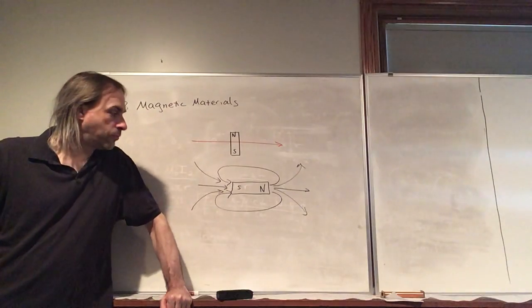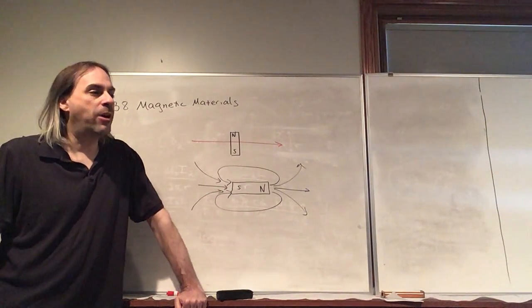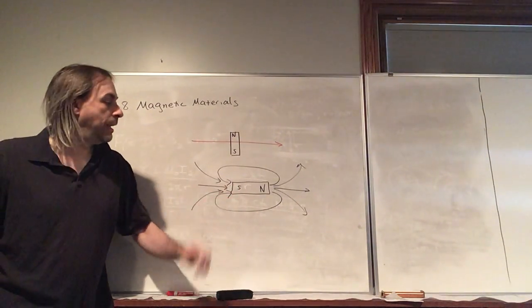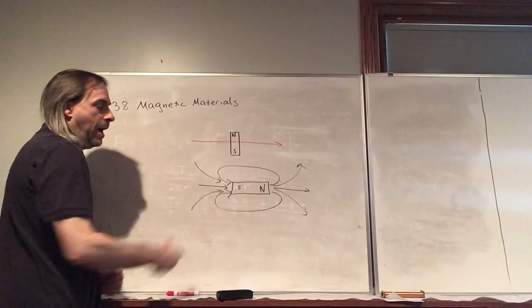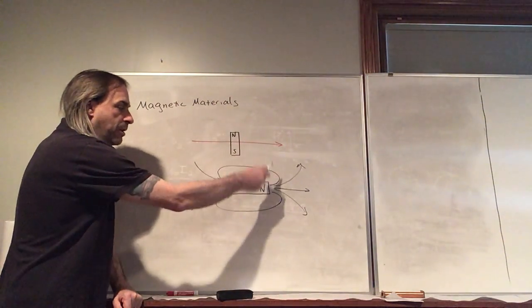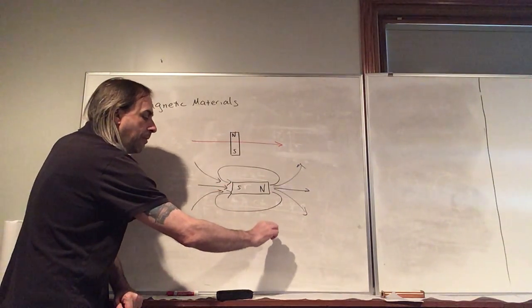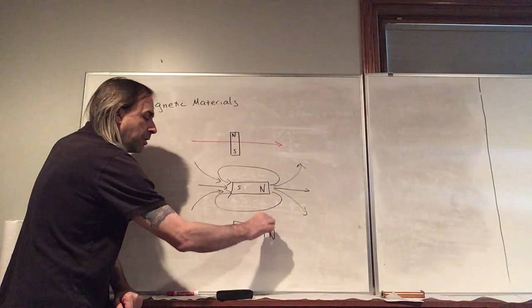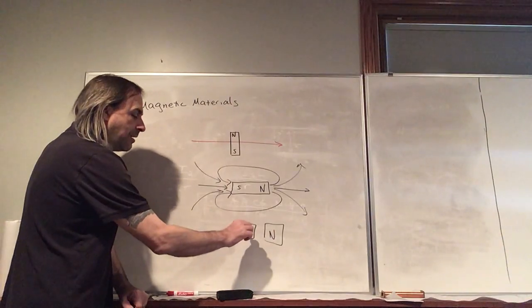Now, we'll learn later that in nature, you'll never actually find a north pole or a south pole by itself in a magnet. If you were to cut this magnet in half, you might think there's a north pole on this end and a south pole on this end, so if we cut it in half, we'll get just the north pole by itself and the south pole by itself. But that doesn't happen.